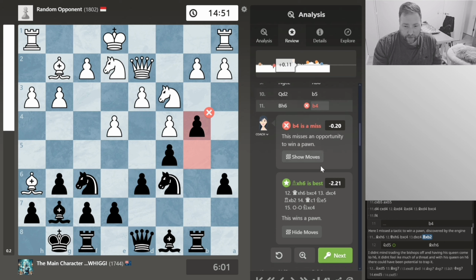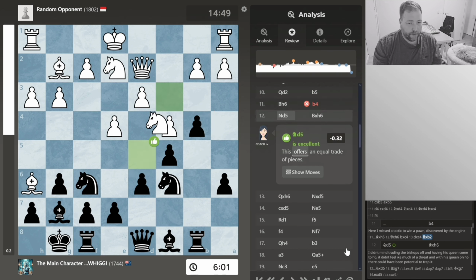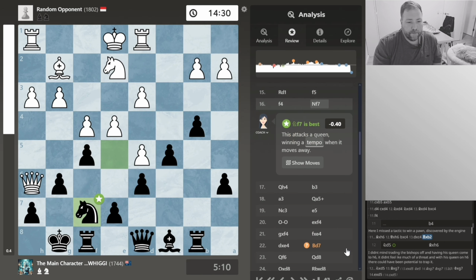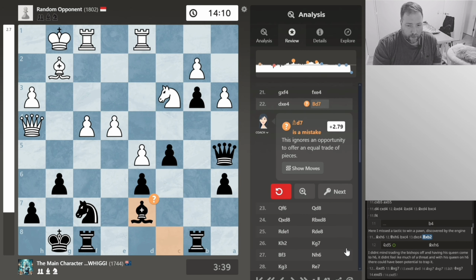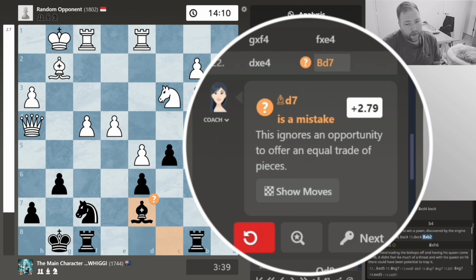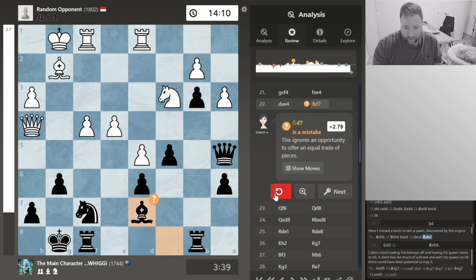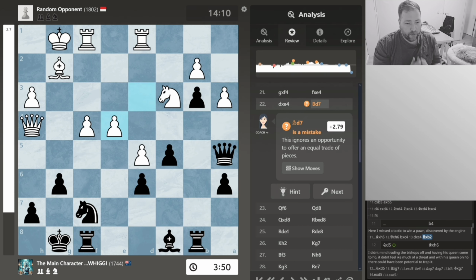So we're going to go back to game review and we're going to continue through the game. The game review can give you some helpful tips. This ignores an opportunity to offer an equal trade of pieces. Let's find the equal trade of pieces.